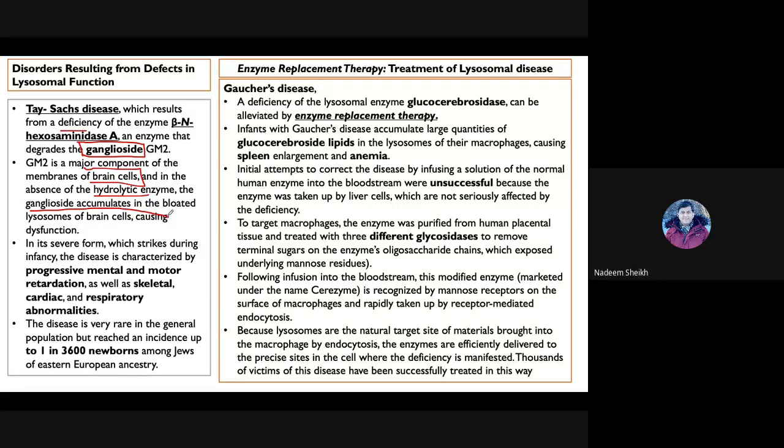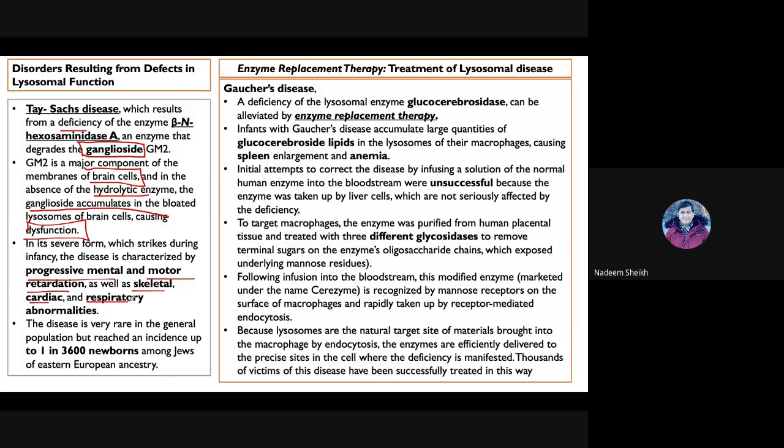And if this affects brain cells, the lysosomes increase and the cytoplasmic composition gets disturbed. Cells are full of lysosomes, then dysfunction starts, and ultimately there is a direct effect on the communication of the body, with progressive mental disorder and motor retardation, as well as an effect on skeletal and cardiac muscles and respiration, because in all these three processes cellular communication is involved.